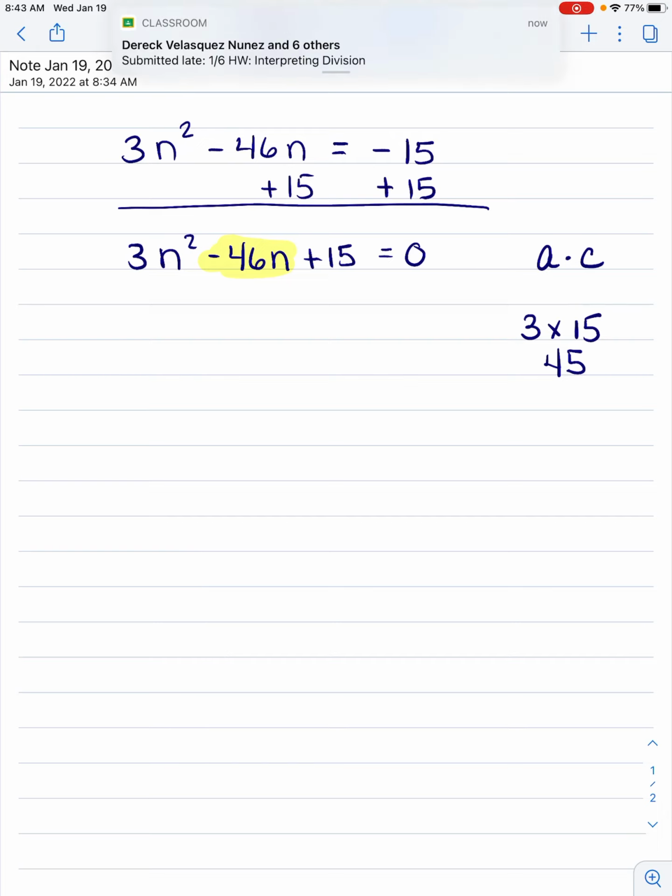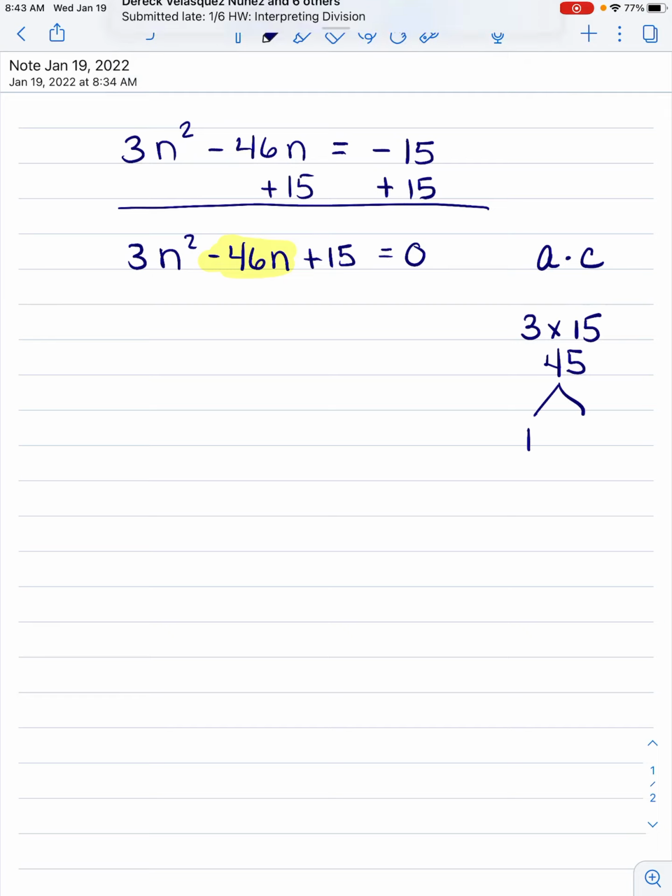So what do I have? I have 1 times 45. I have 5 times 9. And I have 3 times 15. And again, I know that the sign for both of these factors are going to have to be negative.